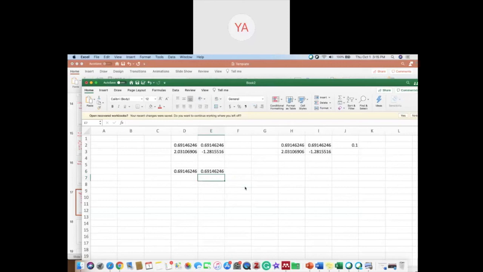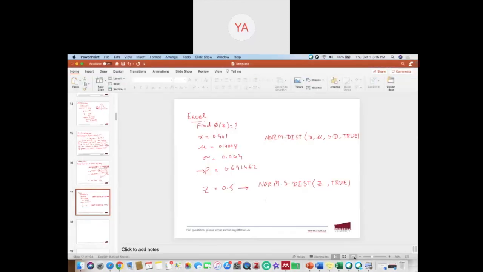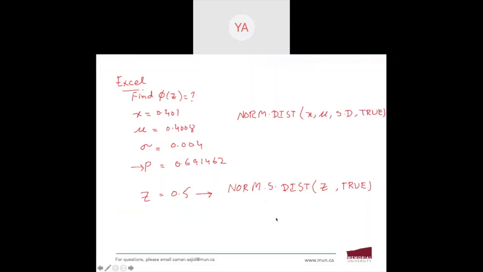Now, if you want to find the return of the inverse, by that I mean, if I want to find out, for example, when we have the probability of 0.1. This was very tedious and numerical.